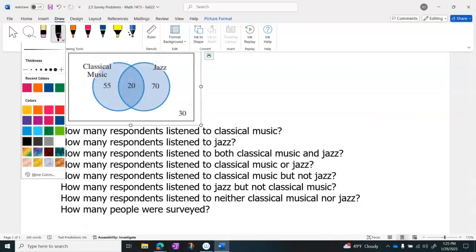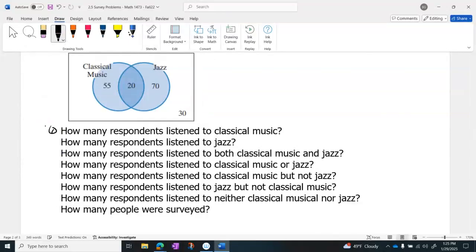How many parts in this problem? We have part 1, 2, 3, 4, 5, 6, 7, 8. 8 parts. Let's look at the Venn diagram.